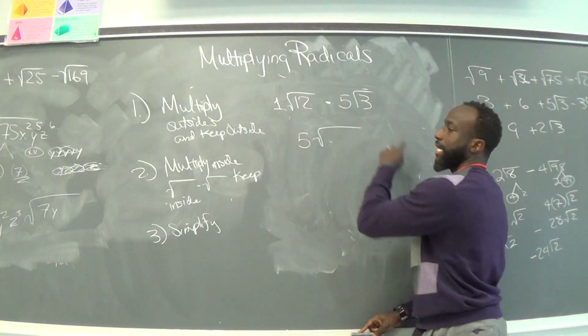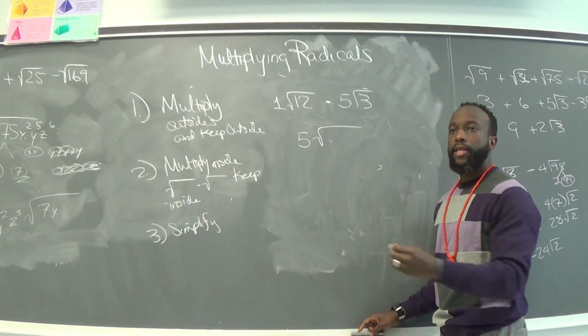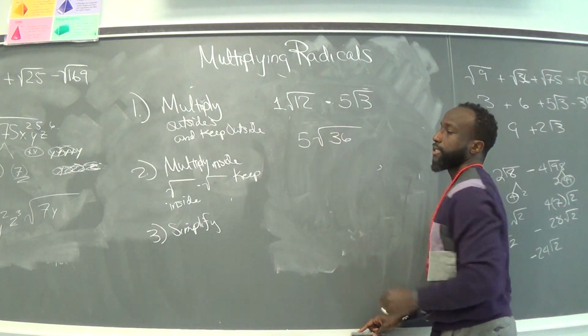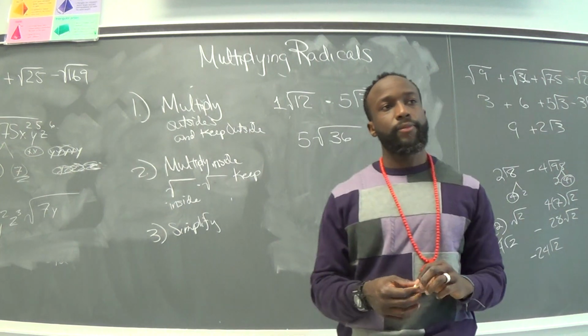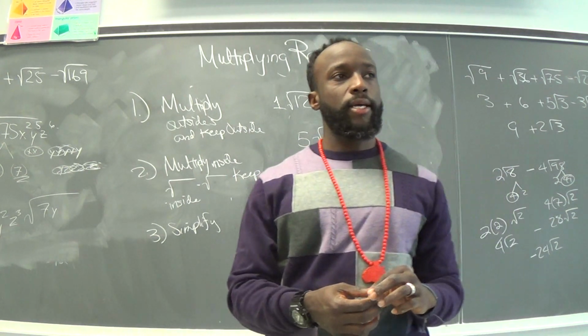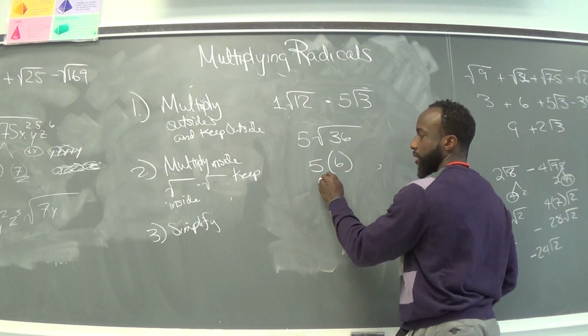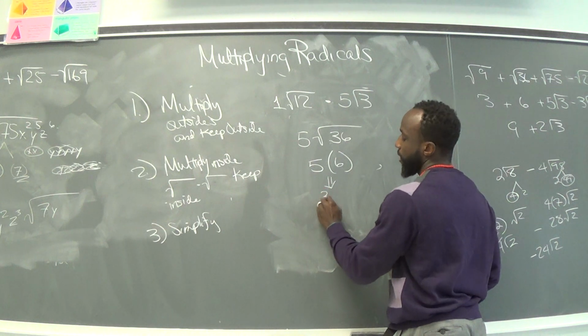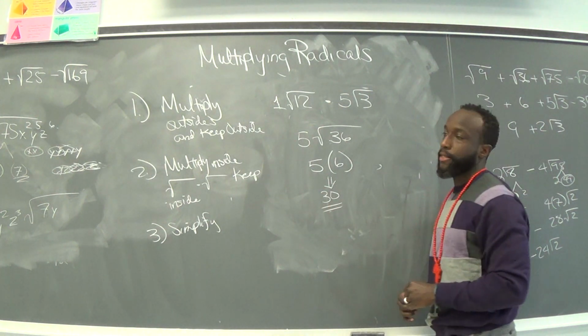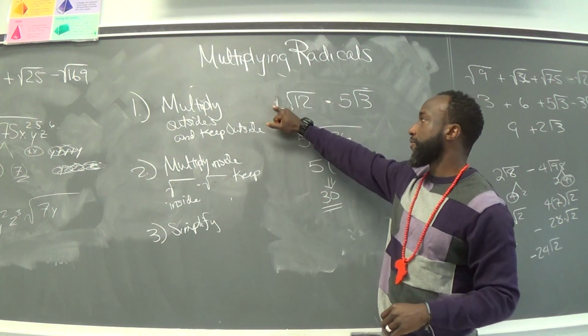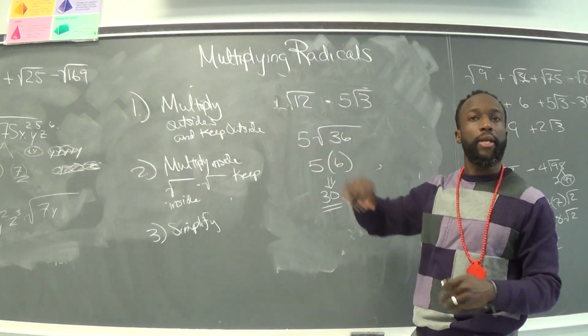And then you got 3 times 12. What's 3 times 12? 36. Can you simplify 36? The square root of 36 is what? 6. So you end up with 5 times 6, which is 30. So yeah, Simon, if there's no number in front, it's understood that there's a 1 there.